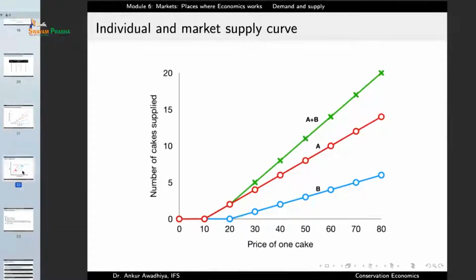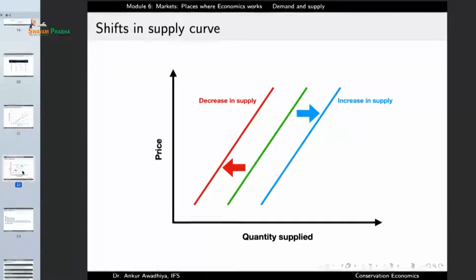And as before, we can talk about movement along the supply curve and shift in the supply curve. So in this case, we are moving along the supply curve. But if there is an increase in supply, it would mean that at any price P, the quantity that is supplied would increase.